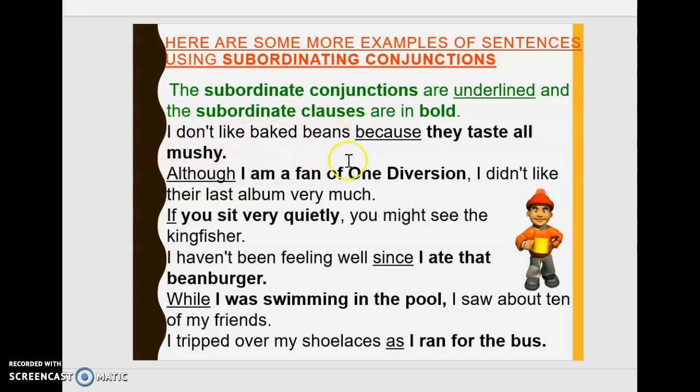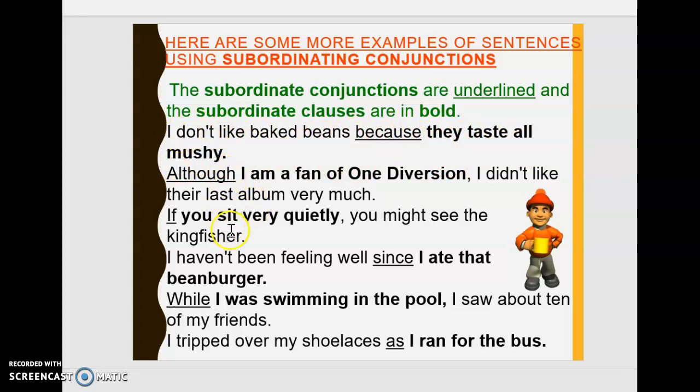This holds the more important idea. Because, the subordinating conjunction, is linking it with a less important idea, that is they taste all mushy. Got it? They taste all mushy is a subordinate clause. So these two things are joined together to the main clause.